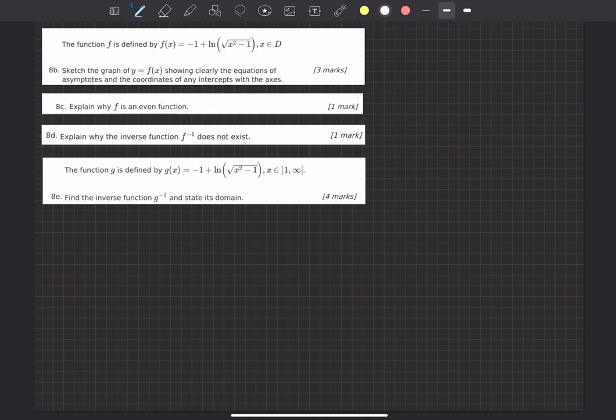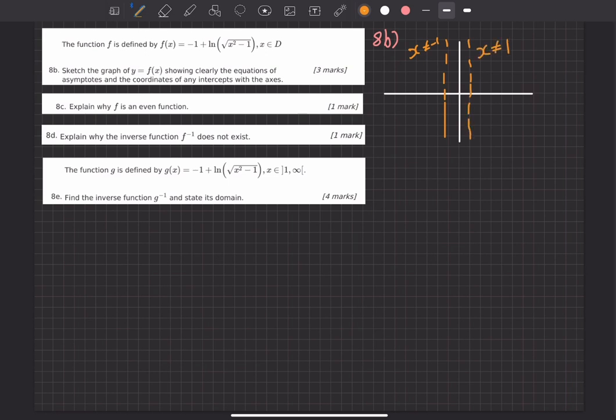Okay, so we'll finish off this video with a nice little past paper question. This is a paper 2 question, which means you are allowed to use a calculator. So for part B, just plug the equation into the calculator. Basically what you get is that you have asymptotes at x cannot be minus 1 and x cannot be 1.